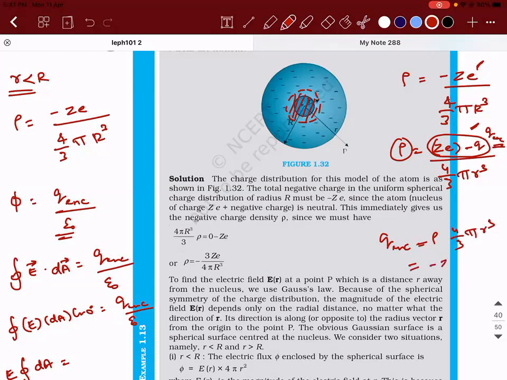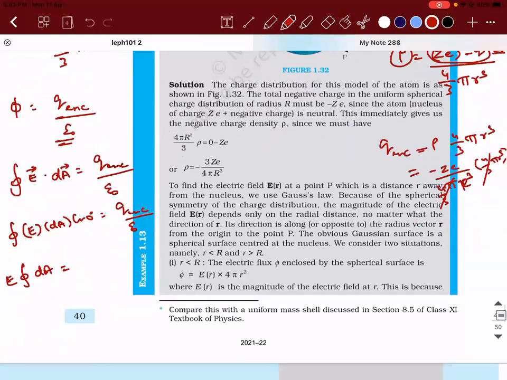But what is rho? Minus ZE divided by 4 by 3 pi capital R cube into 4 by 3 pi small r cube. The 4 by 3 pi will get cancelled. So E into the surface will be equal to minus ZE divided by R cube into small r cube.